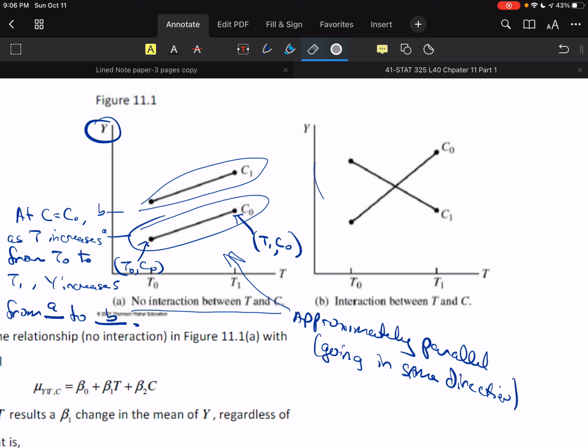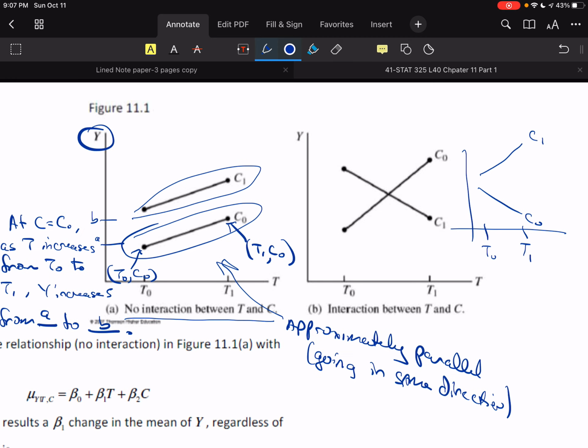Some people might be confused and tell you that that is true, but it's not. I can have this going on, and that is definitely interaction. If this is C0 and this is C1, as T increases from T0 to T1, the levels in Y at C0 decrease, whereas the levels in Y at C1 increase. They're going in different directions. That is definitely interaction.